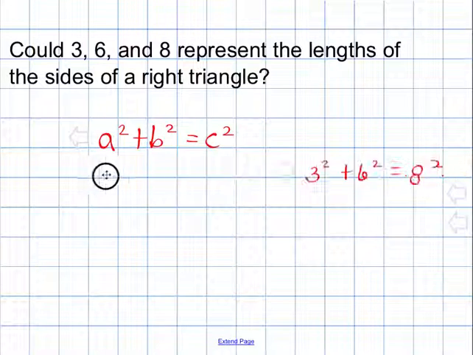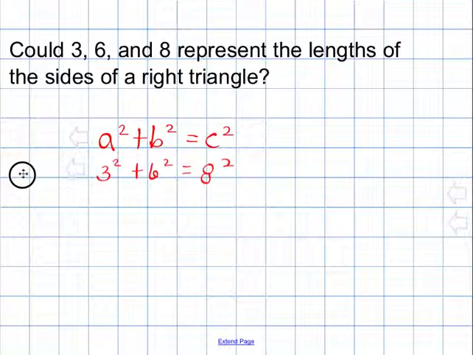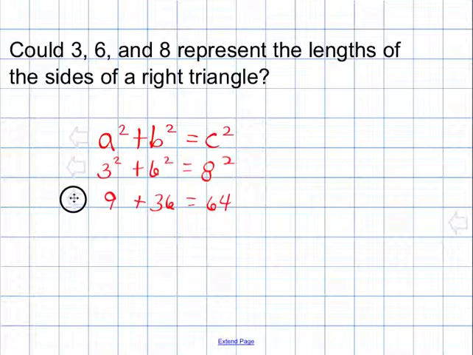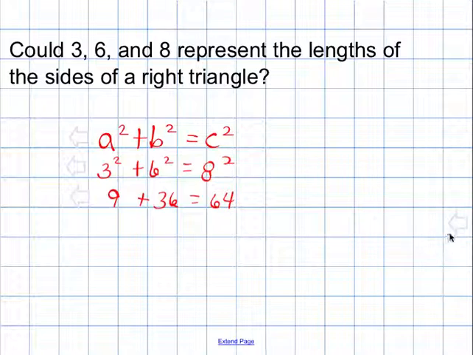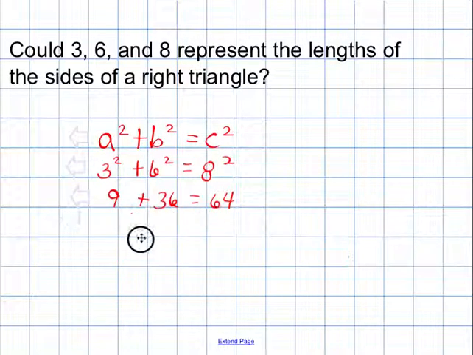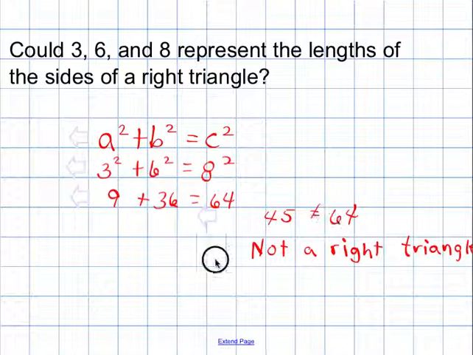If I substitute those two shortest sides, which experience has taught me has to be the sides that form the legs of the right triangle, then I can just test the values of both sides of that potential equation. So 3 squared is 9, 6 squared is 36, and 8 squared is 64, I can combine those like terms on the left side and find that 45 does not equal 64.